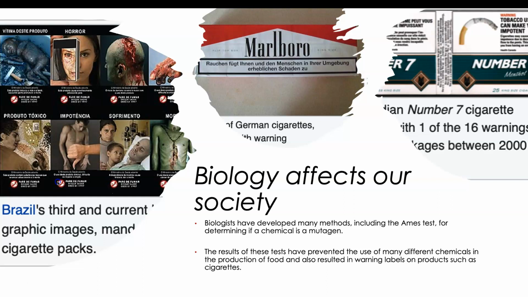This is an example of one of the positive effects of biology on society. These are cigarette labels from 3 different countries. And there's been a consensus. We now have a consensus worldwide that smoking increases your exposure to a harmful mutagen.